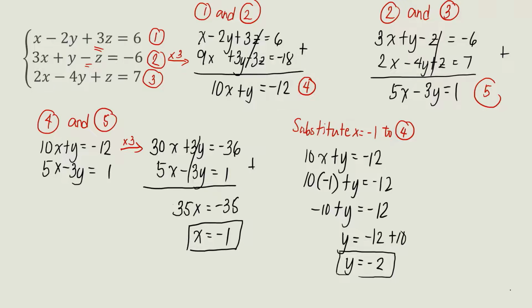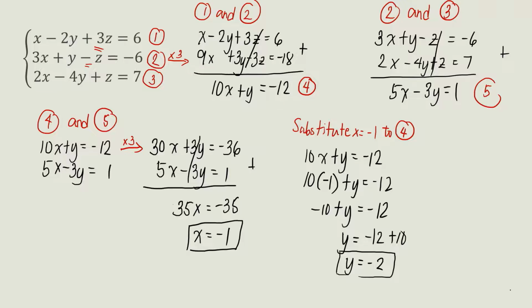Okay, so to find that, you can choose from equations 1, 2, and 3 to do that one. So I'll choose equation 2, the second equation. I think that's the easiest one.